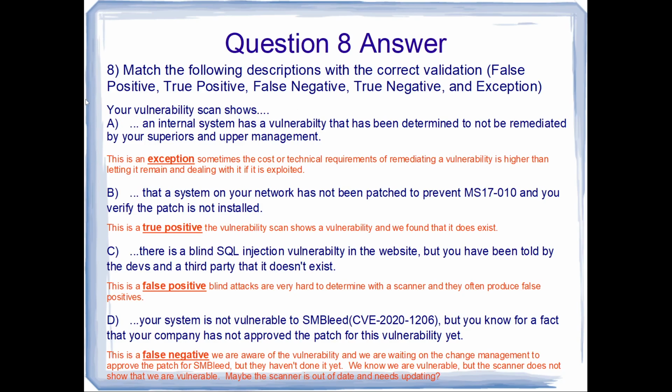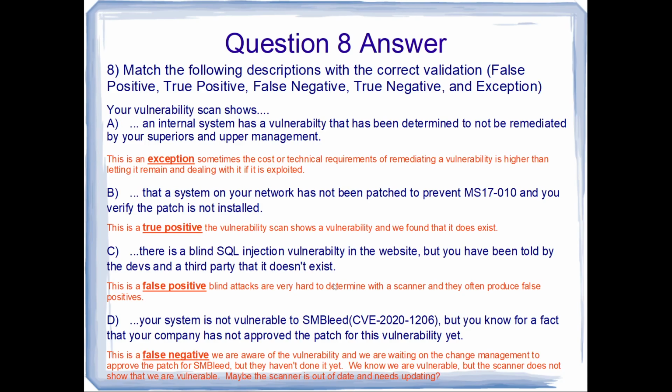And the fact that we said that the developers and the third party, which would probably be a pen test party or another SOC or something, then they say, no, that doesn't work, we can definitely say that this is a false positive.